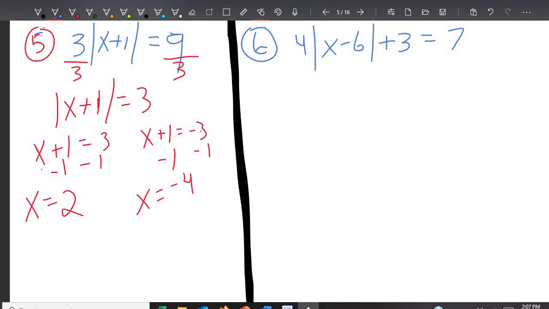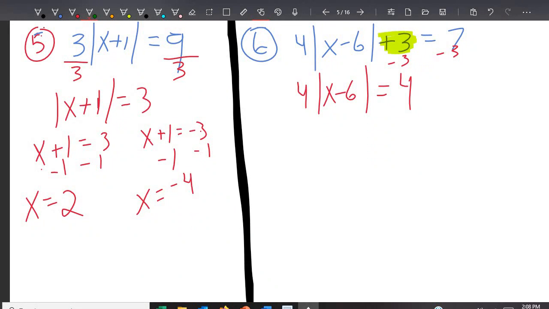Now, when we're solving equations, remember we get rid of the constant first. You've got to get rid of the constant in this case. You move the 3 over to where the 7 is. So we subtract 3 from both sides. That leaves me with 4 times the absolute value of x minus 6 equals 4.